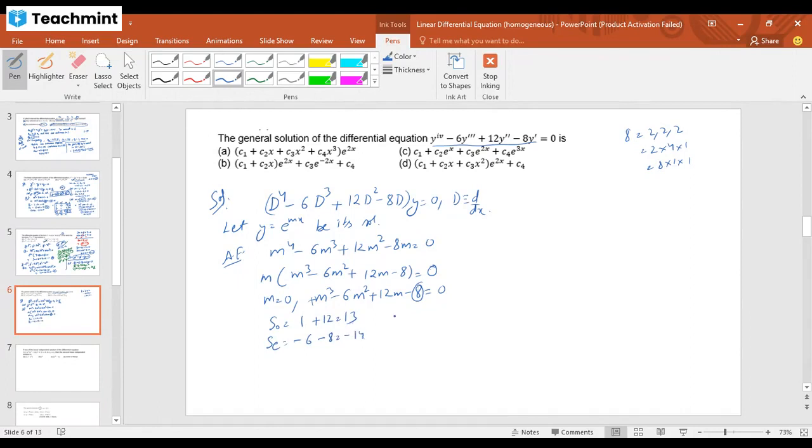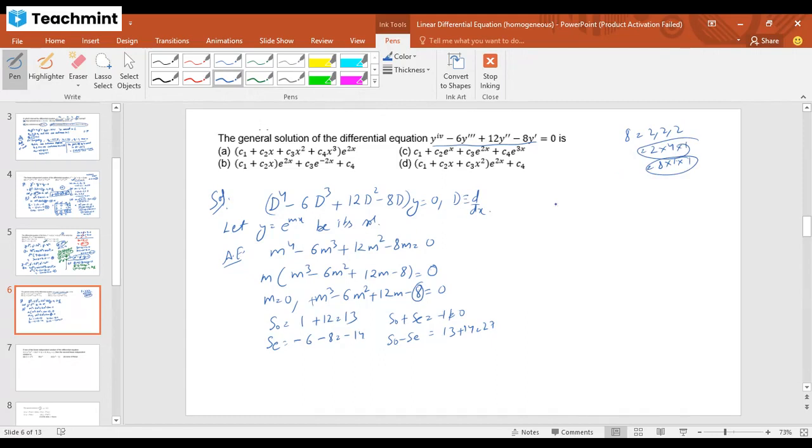So you can see neither their sum is 0 nor their difference is 0. So it means that 1 and minus 1 are not roots of this polynomial, so these two options are not possible. Let us try this one.